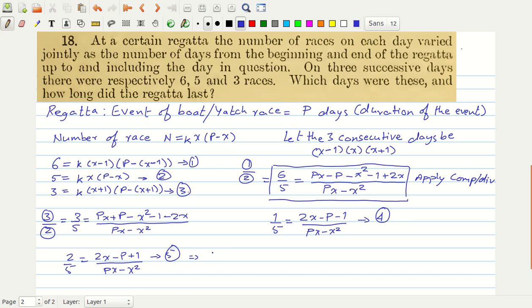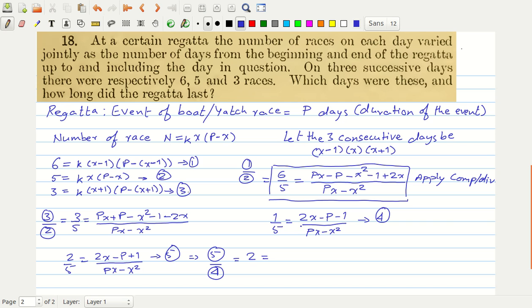What is the value of 5 divided by 4? This is 2 by 5 divided by 1 by 5. So this will be equal to 2 is equal to, px minus x square will cancel out. We are cancelling this out because we are assuming that px minus x square is not equal to 0.